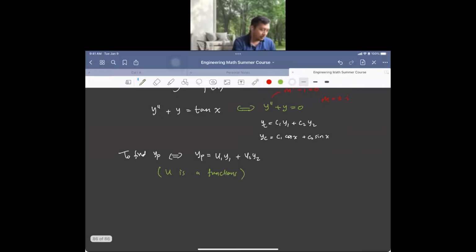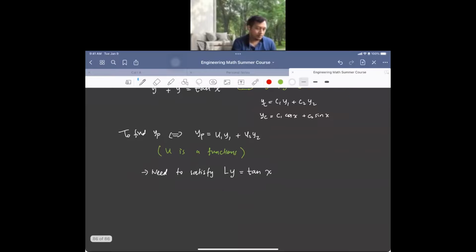What we are going to do is we need to satisfy that Ly equals tangent x. L is the differential operator.